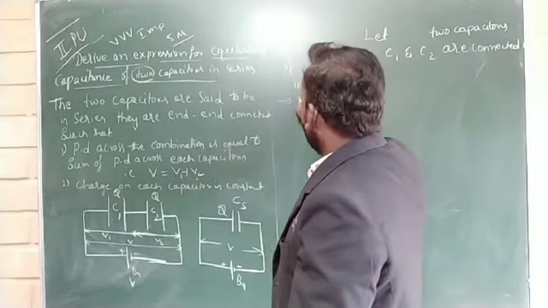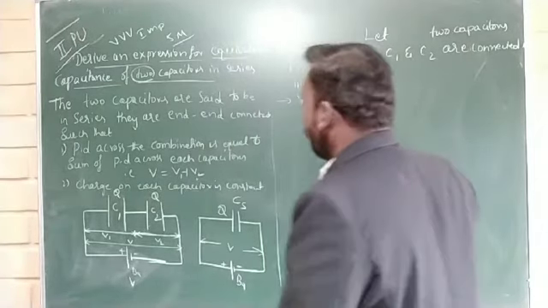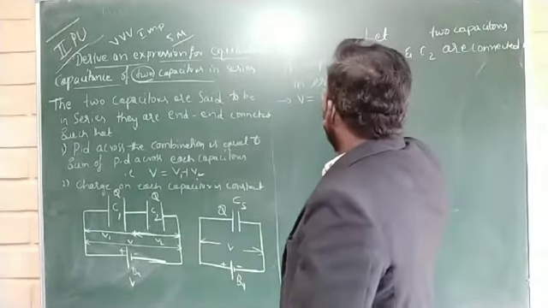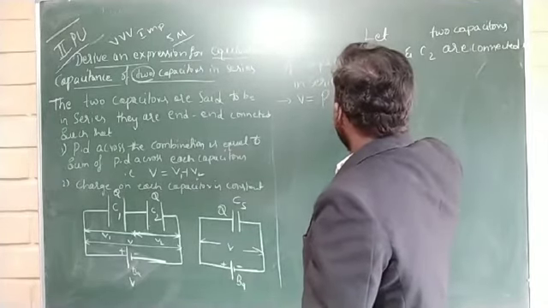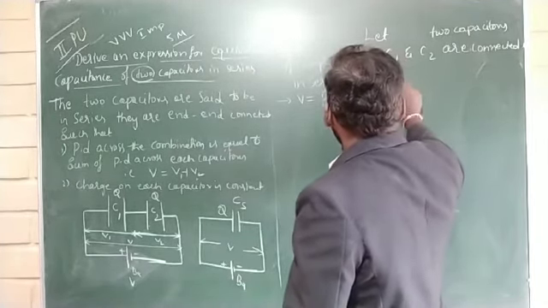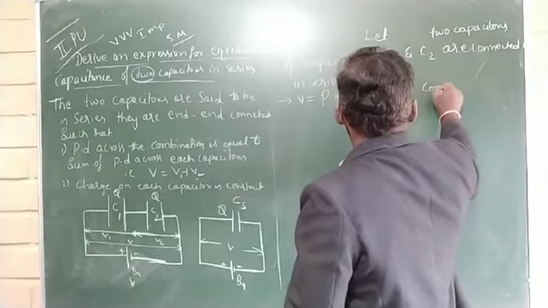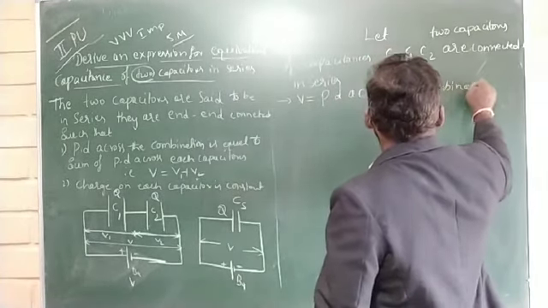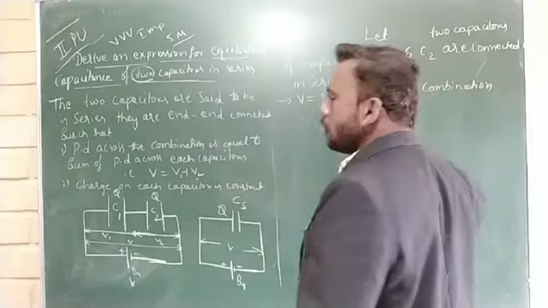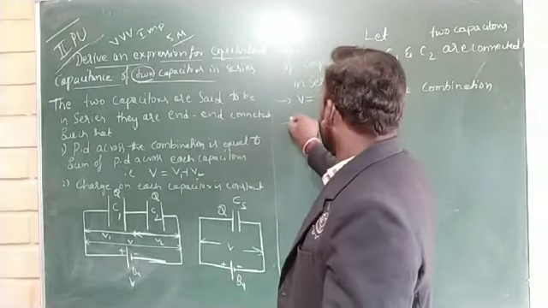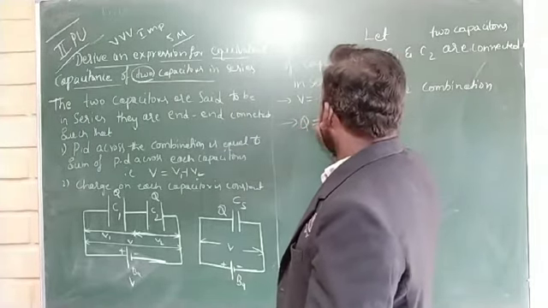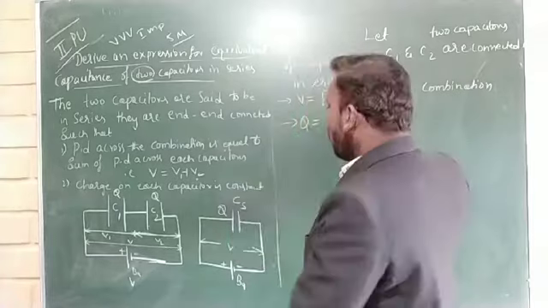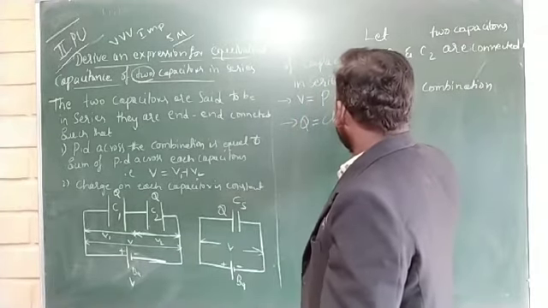Next, V be the potential difference across the combination. Next, Q be the charge on each capacitor.